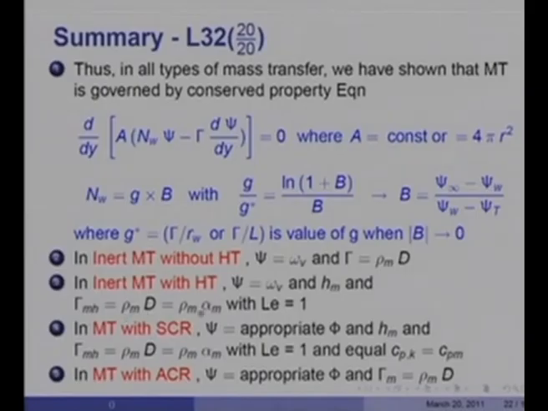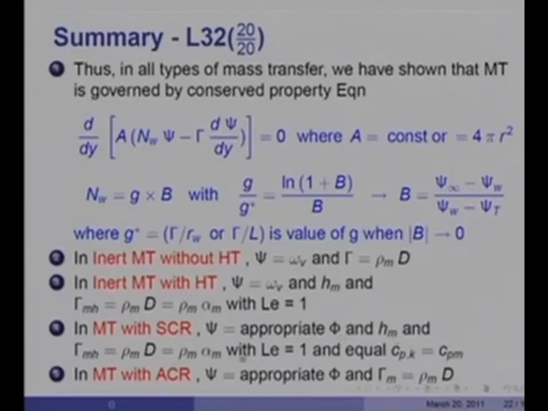For inert mass transfer with heat transfer, we had psi equal to omega and h m, and we made the assumption of Lewis number equal to 1. For mass transfer with heat transfer and chemical reaction, we choose psi equal to appropriate phi and mixture enthalpy.